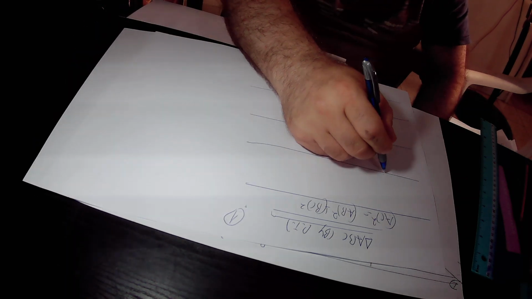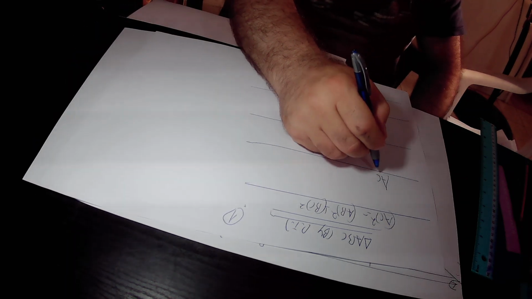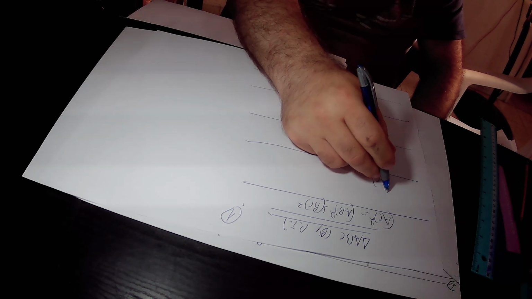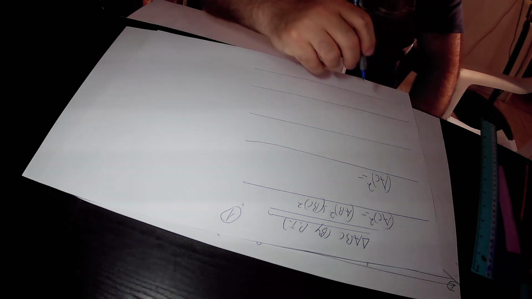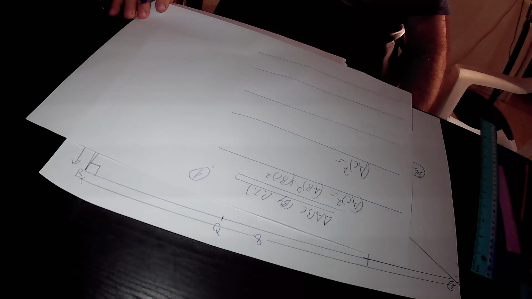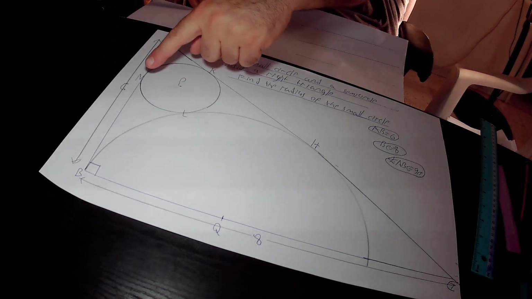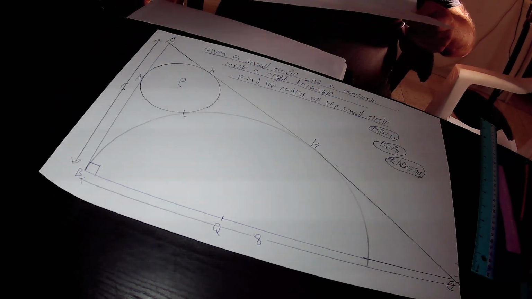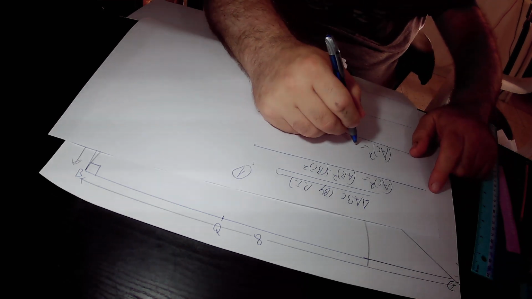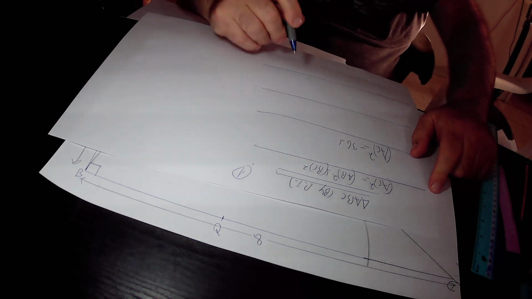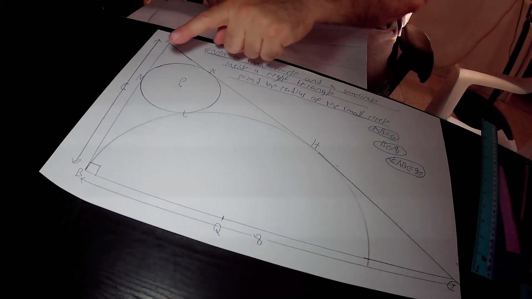AC squared equals AB squared. AB is 6, therefore AB squared is 6 squared, that is 36, plus BC squared.